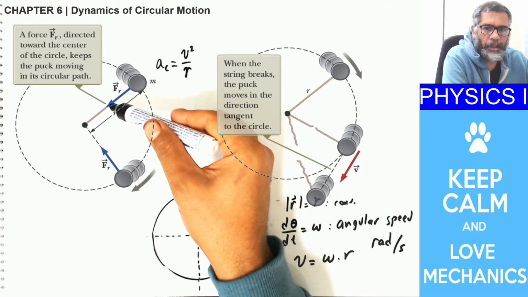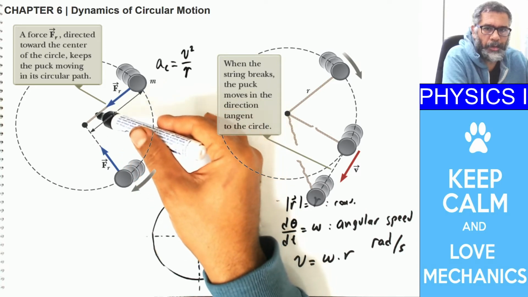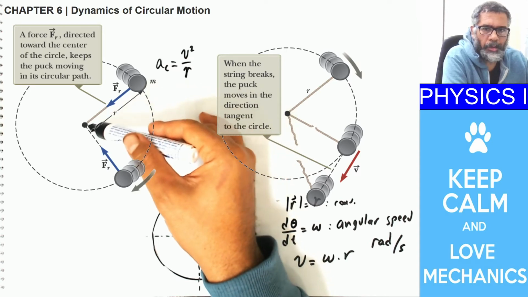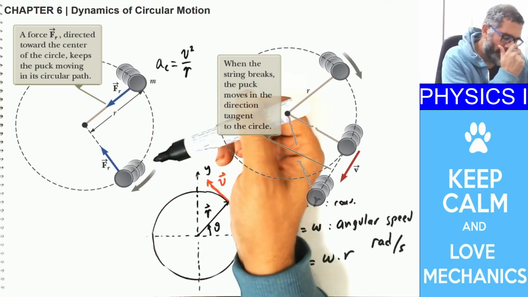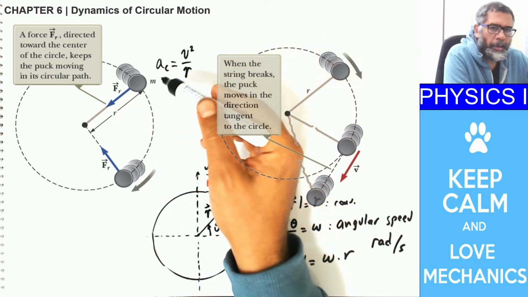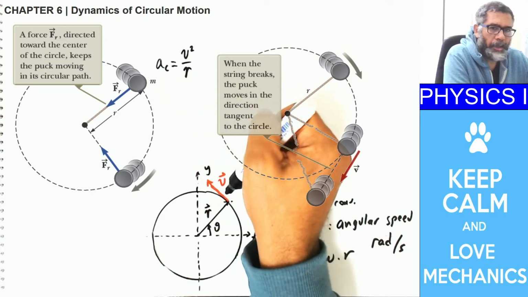And you will see that there is always going to be a tension, or a force on the string, which is towards the center. This is the only way to keep the puck changing its velocity all the time.